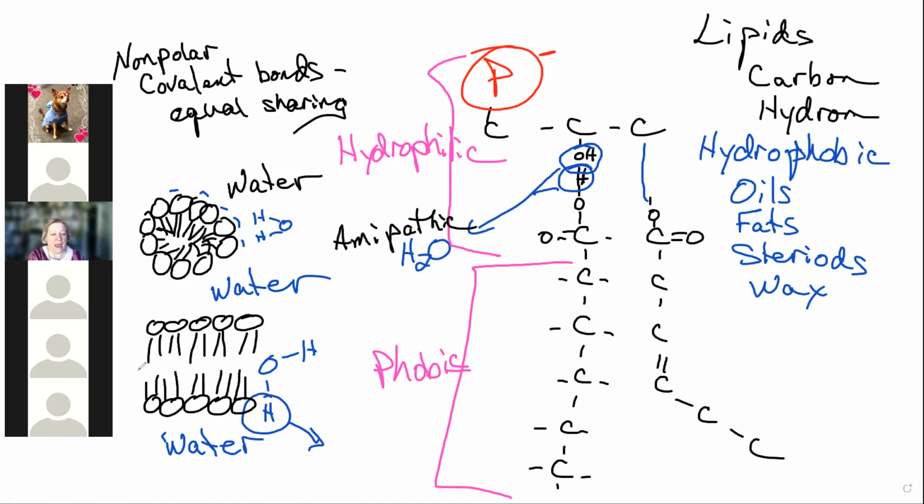So think of this as kind of like a sandwich bag. I put my sandwich in here, and it doesn't matter if my water bottle in my lunch container leaks. It's not going to get in and get my sandwich wet. And that's kind of what a cell is doing: it wants to keep its inside stuff in. It doesn't want it dissolving away into the rest of the environment.